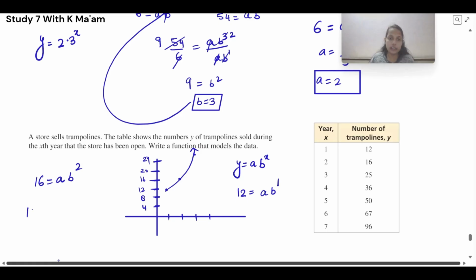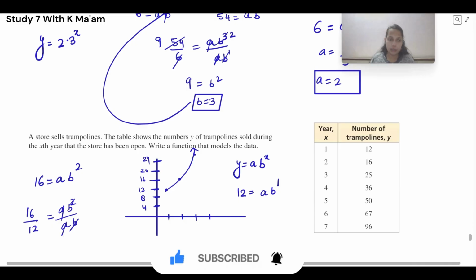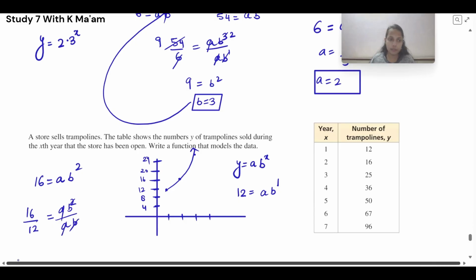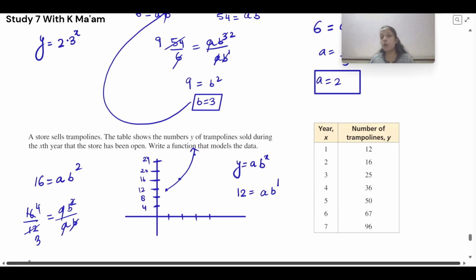Divide both equations. 16 by 12 is equal to a b square over a b. A and a cancel, b and b cancel. 4 3s are 12, 4 4s are 16. We are getting 4 over 3.